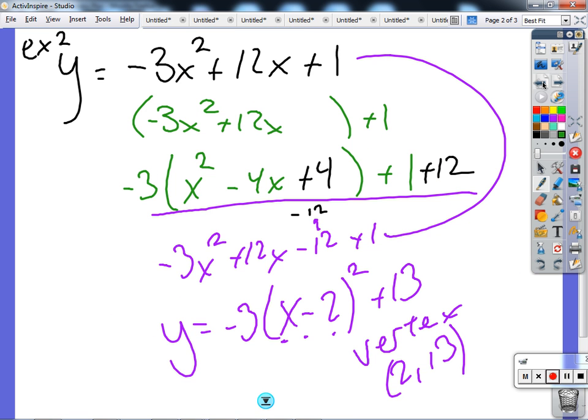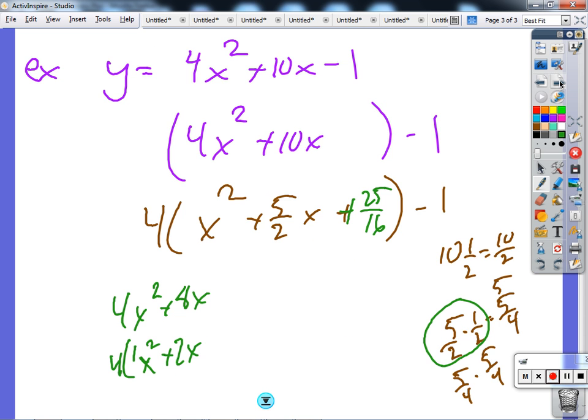Notice looking at our previous example, we cut this guy in half and then squared it. Half of -4 was -2, -2 squared was 4. So now I'm just doing it with a fraction. So 5/4 times 5/4, let's go straight across. 5 times 5 is 25. 4 times 4 is 16. Are you okay there? Everybody okay there?